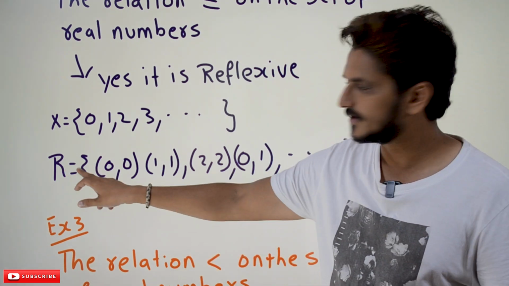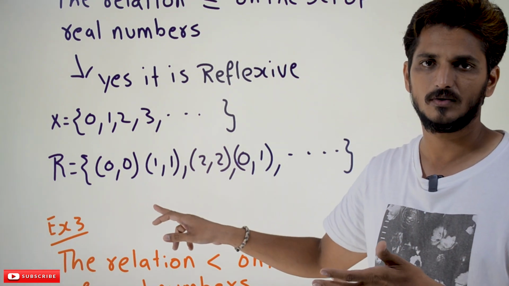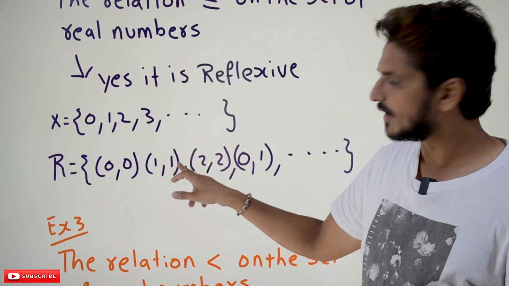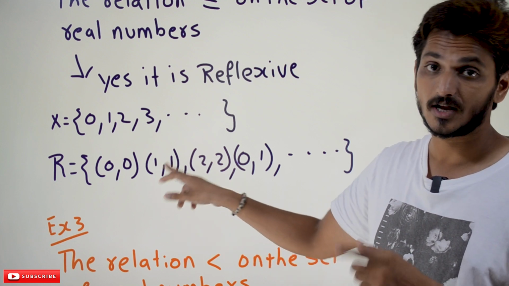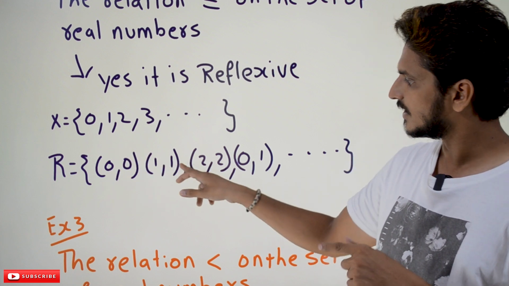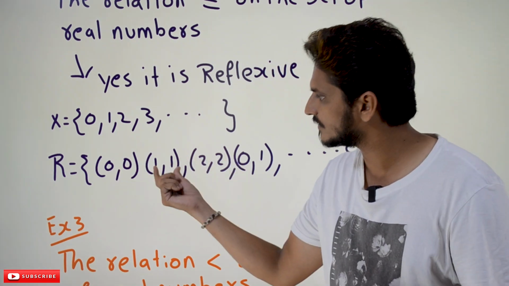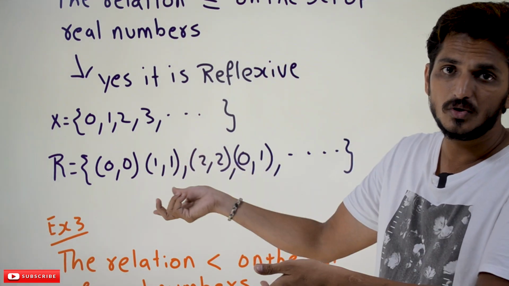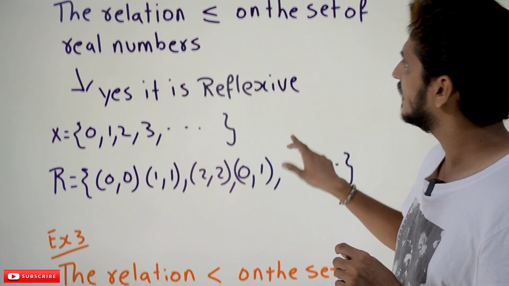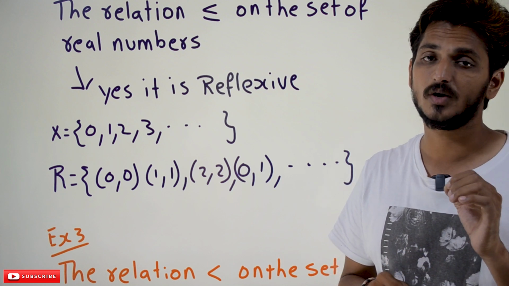The relation R contains 0 comma 0, because 0 is less than or equal to 0. Similarly, 1 comma 1, because 1 is less than or equal to 1. All these ordered pairs belong to relation R, because our relation is given as less than or equal to. That is what you need to understand.